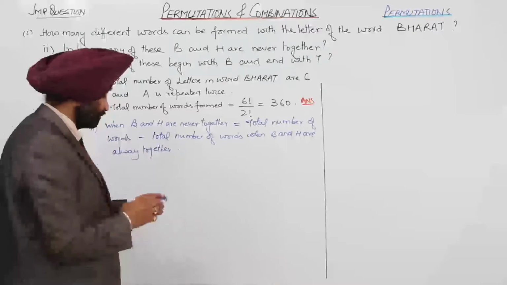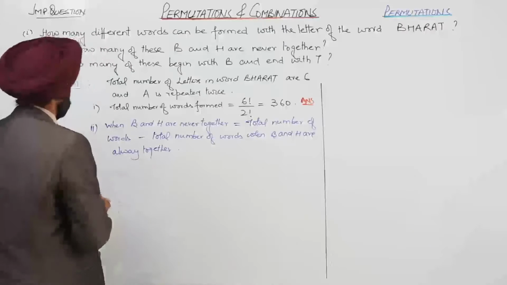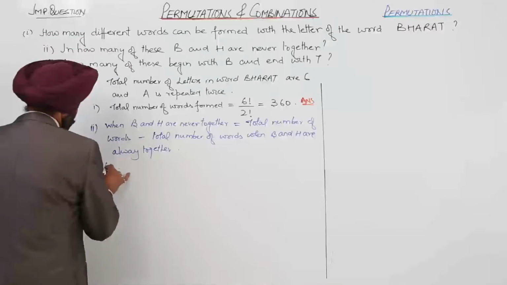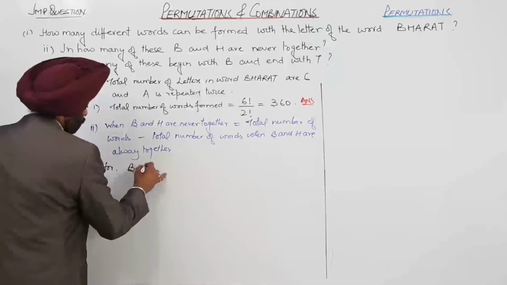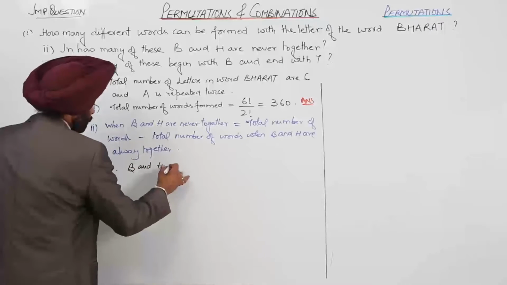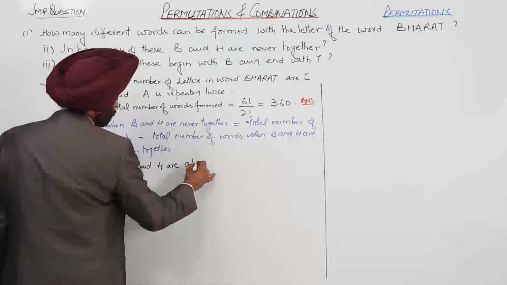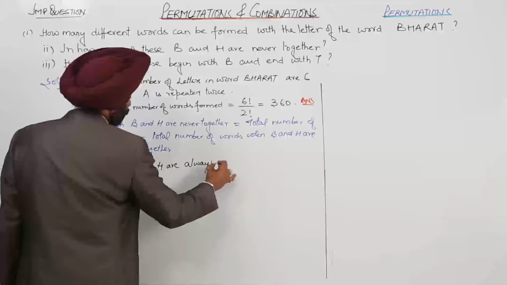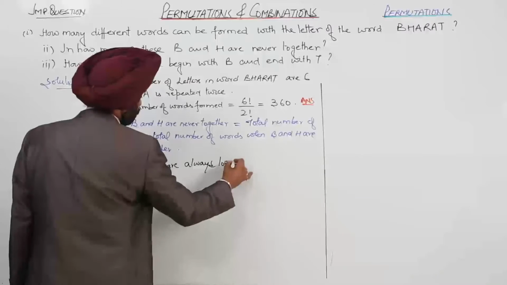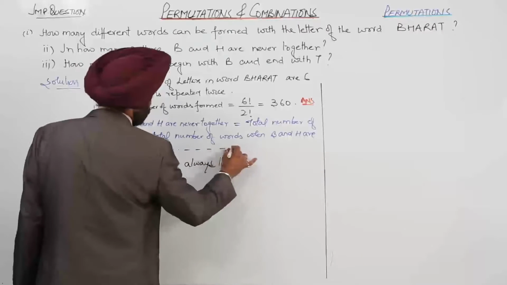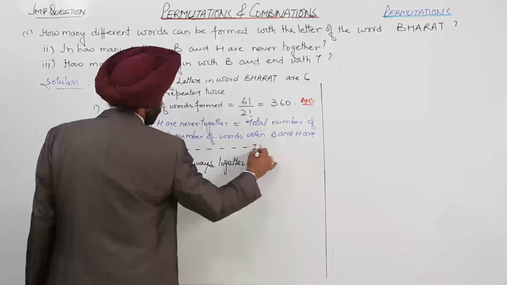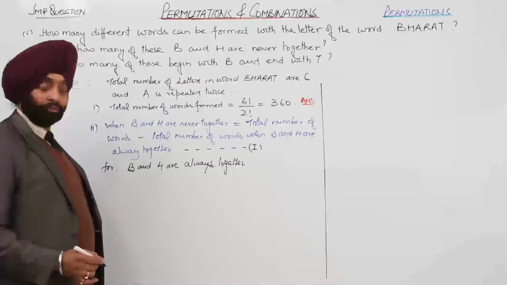Okay. So now for B and H always together, let this be discussed as equation 1, as case 1.